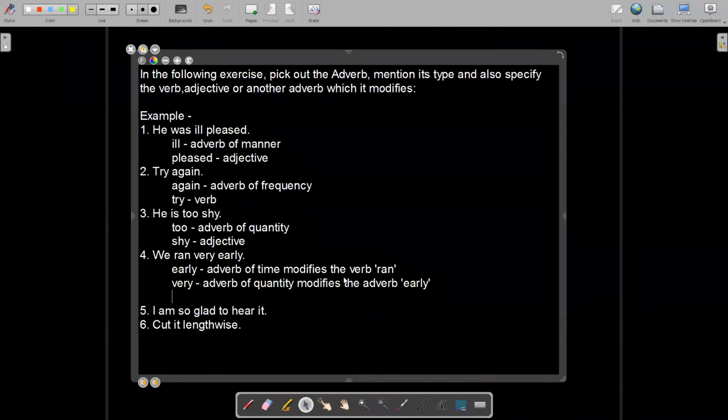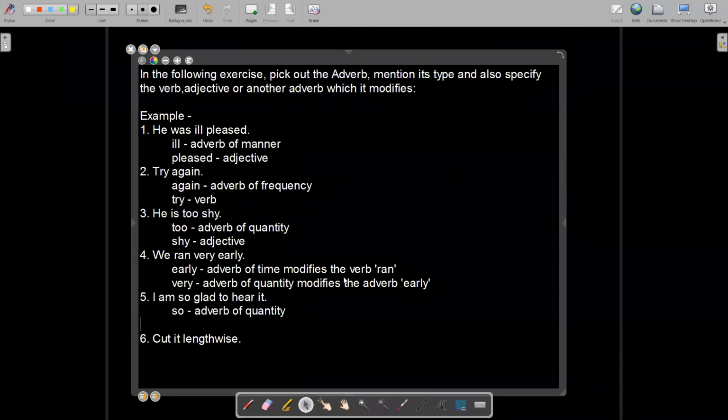Got it? Next is I am so glad to hear it. So is the adverb. Now I say so glad. So over here you can see that it is trying to ask a question, how much or to what extent. So glad is the adverb of quantity, and it modifies what? Glad.